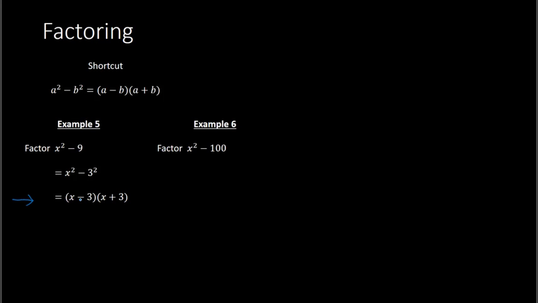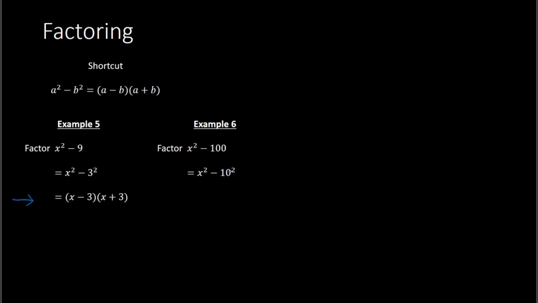Okay, here's another example. x squared minus 100. Well, notice the x is being squared, and 100 is the same thing as 10 squared. So we have two things being squared and subtracted from each other. So this is called a difference of squares.